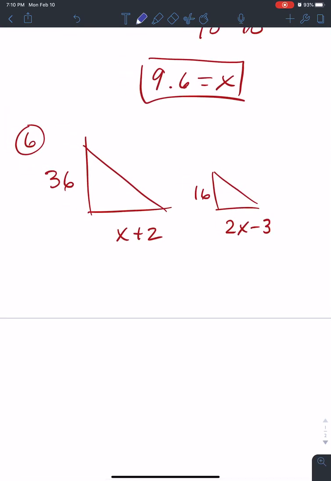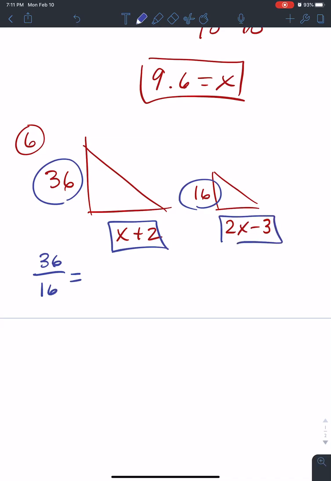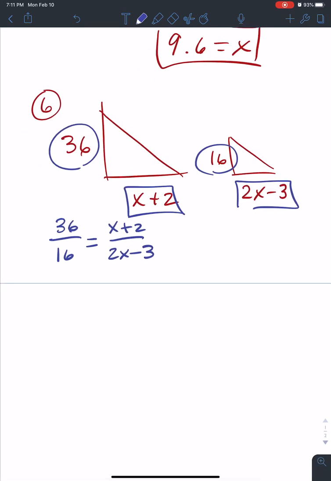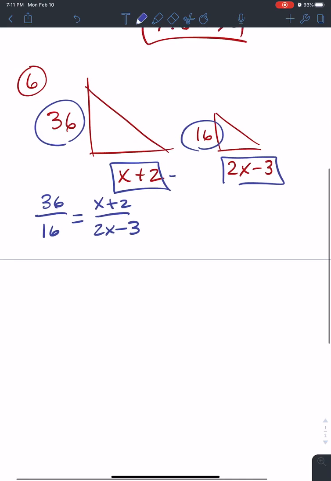So all I got to do is set up the proportion, matching up the sides: 36 over 16 equals x plus 2 over 2x minus 3. Okay, so they are not equal. This does not equal that, or this does not equal that. I don't know where you're getting that from. That's crazy talk. Okay, from here, cross multiply.